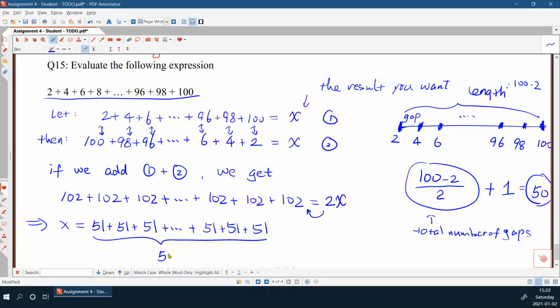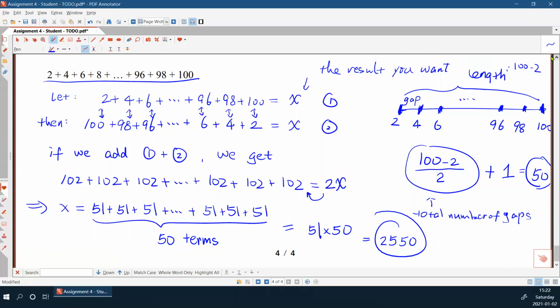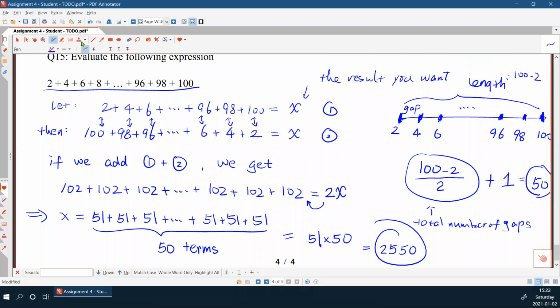So this means there are 50 terms here. So x is 51 times 50, which gives you 2550. This is your final result. Okay? Do you understand the whole analysis process? Any questions?